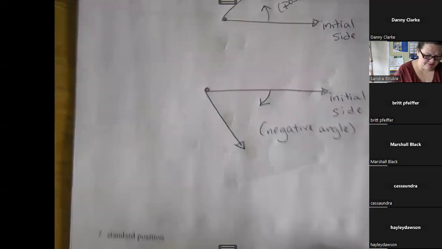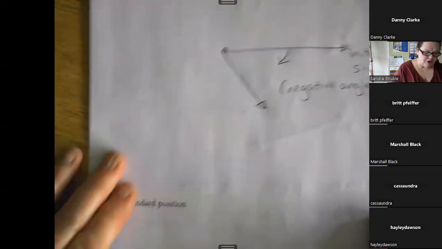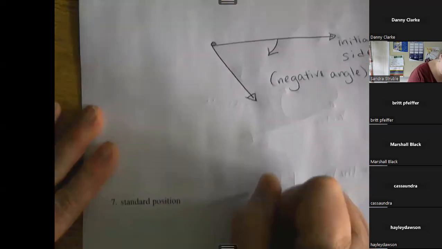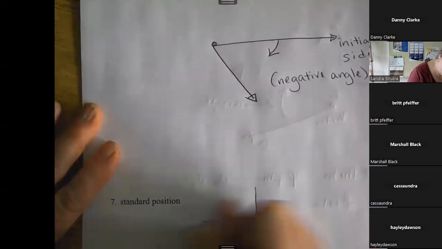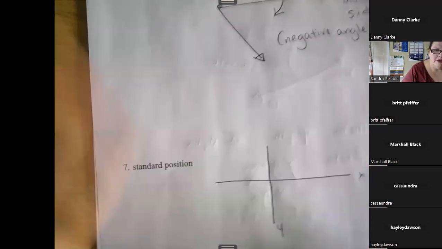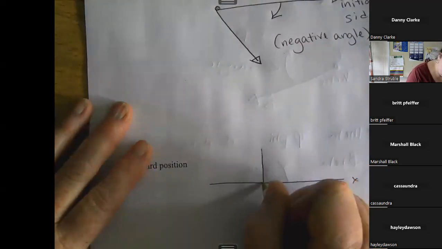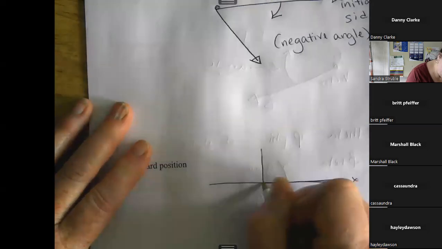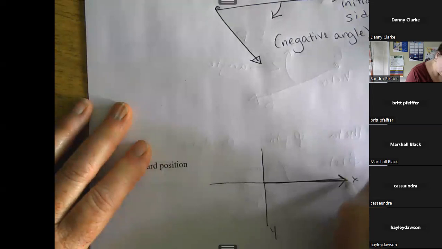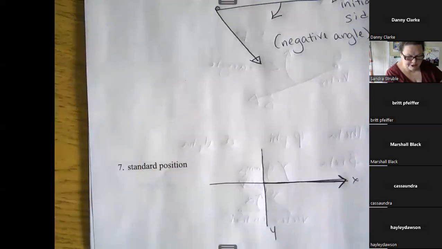I'm shifting up to standard position. Standard position is just drawing your angle so that it always starts at the initial side. I'm going to give you a Cartesian coordinate system. There's our XY coordinate. Our initial side starts along the positive X axis.